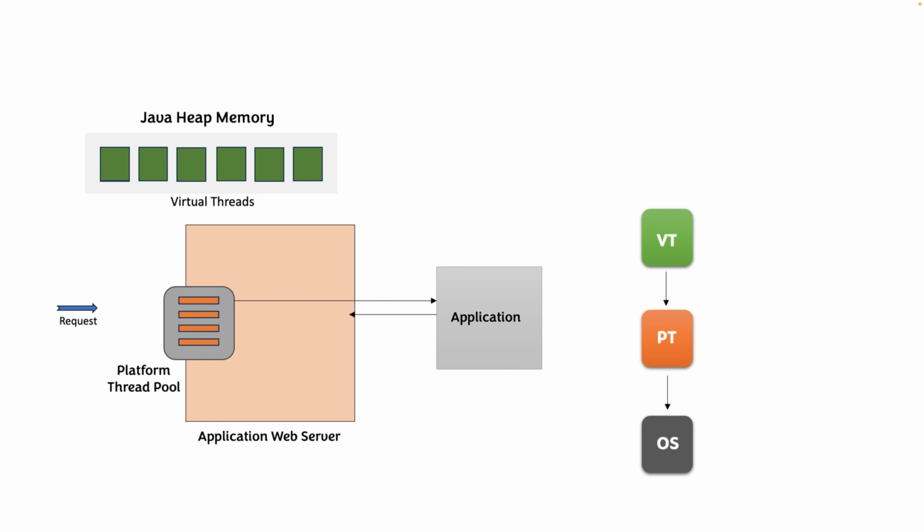Now you might have a question: if the virtual thread is going back to heap memory, then what will happen to the platform thread and operating system thread? That's the key factor here. If there is no real work executing, then all the threads detach from each other. That is the out-of-the-box feature given in virtual thread. Keep a note, virtual threads are mapped to the platform thread only when they do real work.